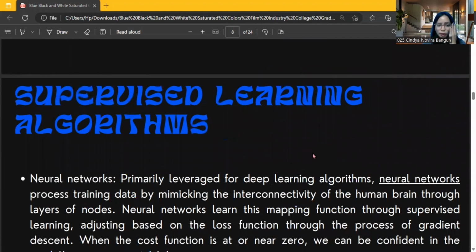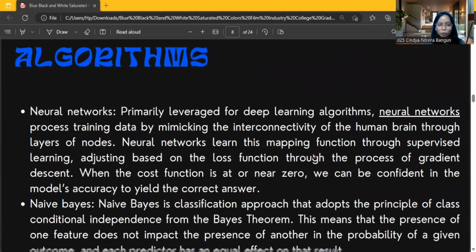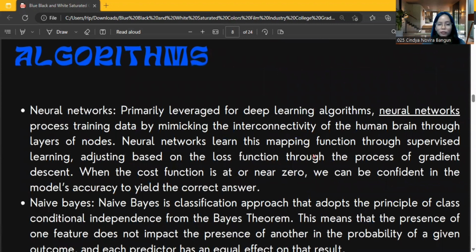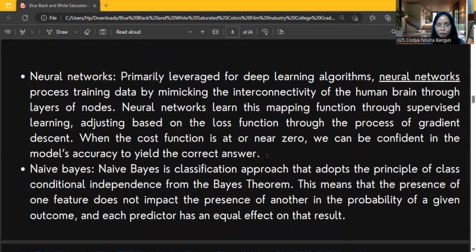Supervised learning algorithms. 1. Neural networks, primarily leveraged for deep learning algorithms. Neural networks process training data by mimicking the interconnectivity of the human brain through layers of nodes. Neural networks learn this mapping function through supervised learning, adjusting based on the loss function through the process of gradient descent.